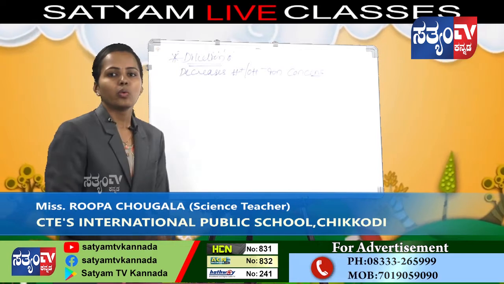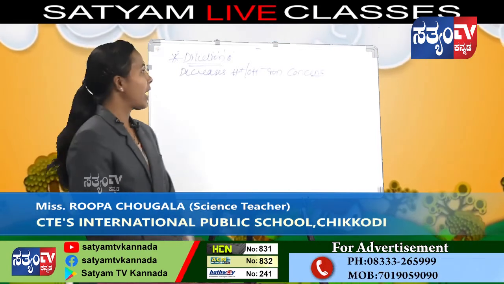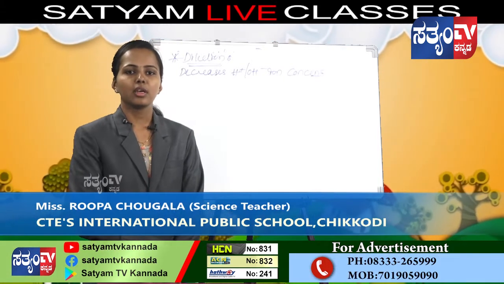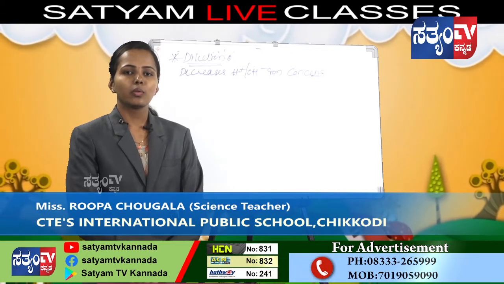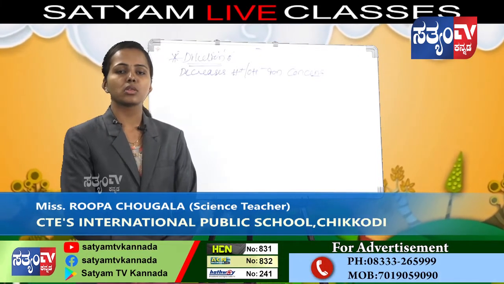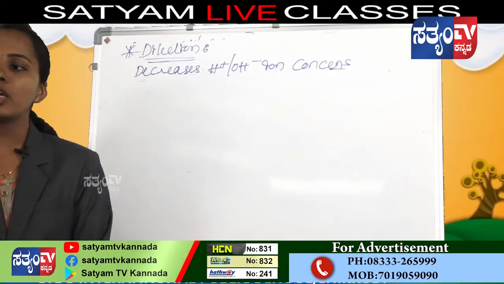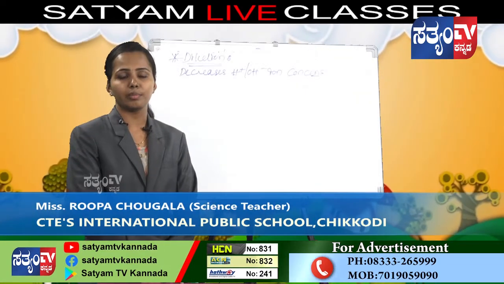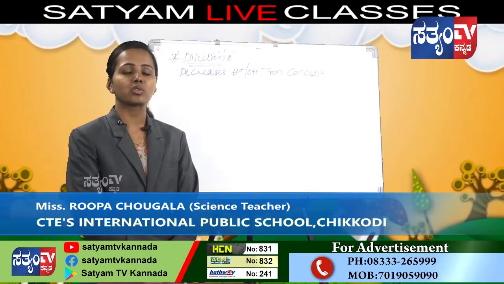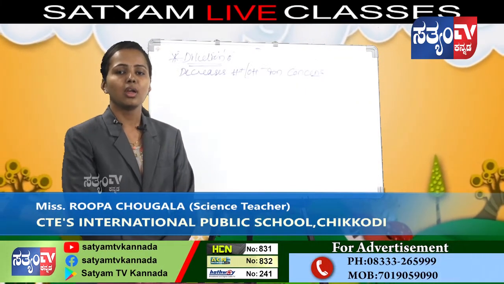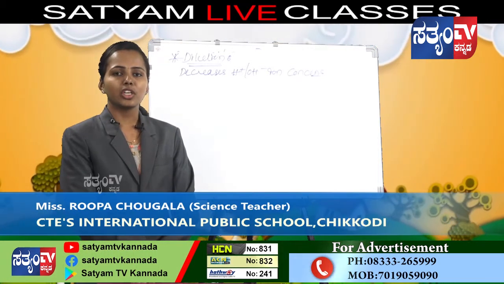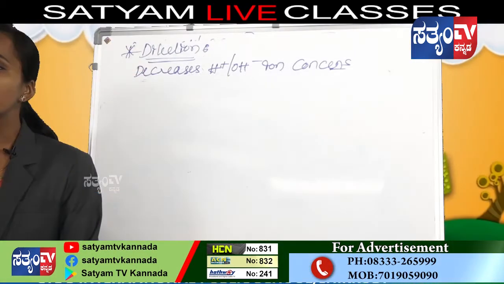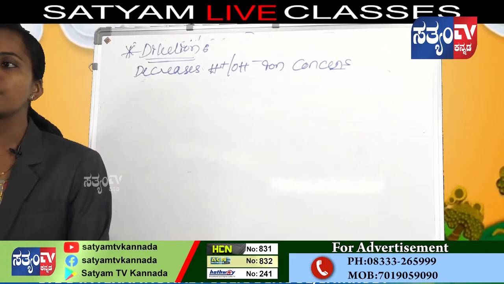While diluting acids or bases, we have to add acid to the water, not water to the acid, because this process of dilution is highly exothermic. You already know what is meant by an exothermic reaction from the first chapter. An exothermic reaction is a reaction in which heat is produced along with the formation of product.